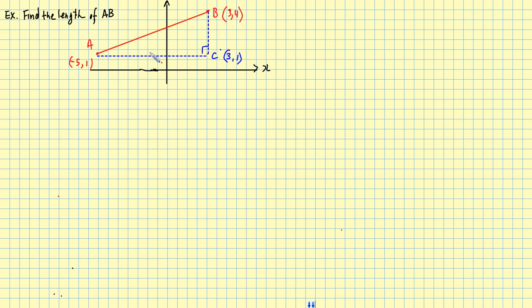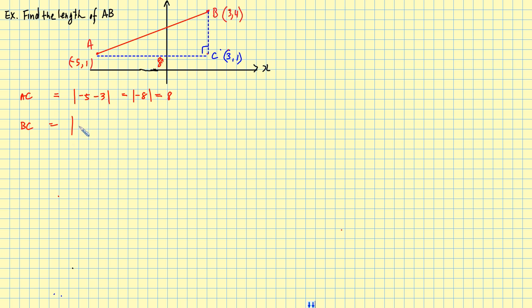Alright, so let's find our horizontal distance between A and C. Our horizontal distance between A and C is going to equal the absolute value of negative 5 minus 3, which equals the absolute value of negative 8, which makes it 8. So I know that that distance is 8. And then I look at it vertically, and I know that it's my y values that are changing at BC.